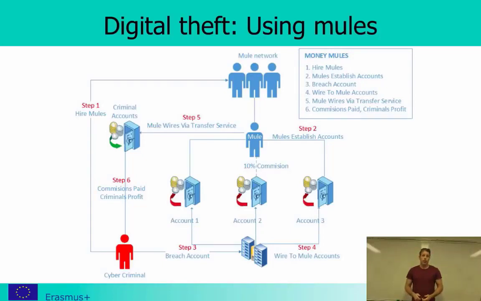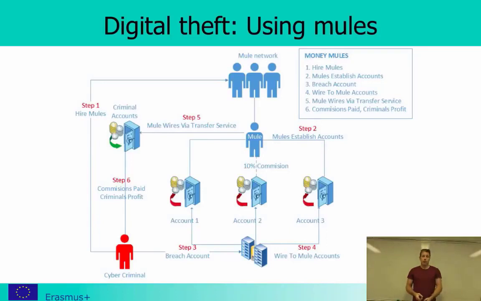Once established and in place, the cyber criminal can breach another account, for example Annette's account, and then wire transfer the money to the mule accounts. That's a completely normal bank transfer. But then the mules will take out the money and do the transaction. This is step number 5 in the figure.